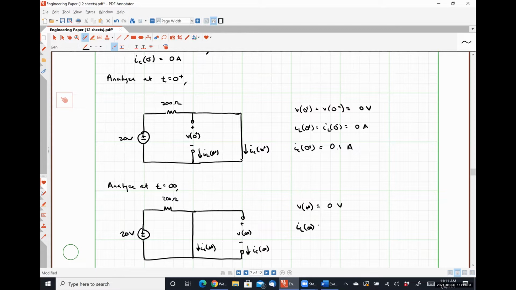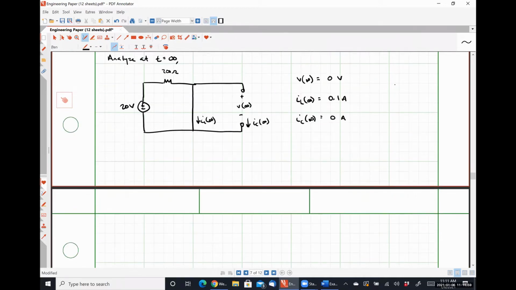IL at infinity is what? 0.1 amps again, right? 20 over 200. And IC at infinity is 0 amps because it's the current flowing through an open circuit. So there's all of our circuit analysis taken care of.